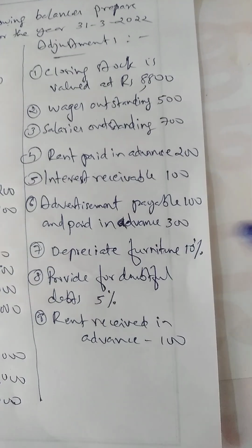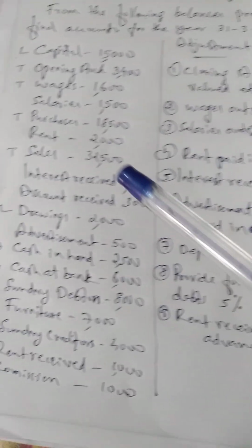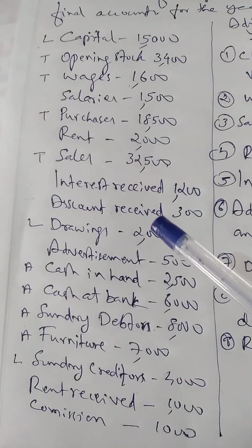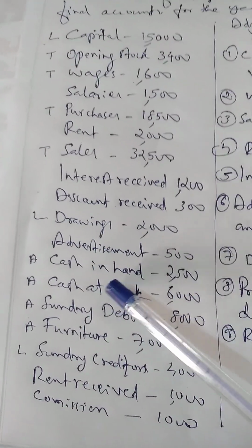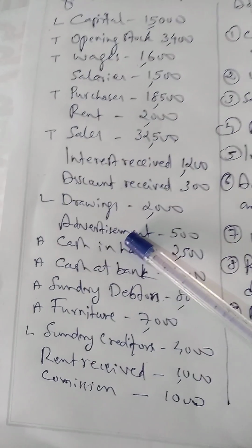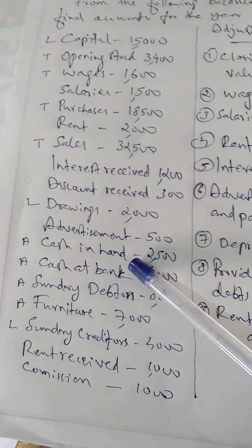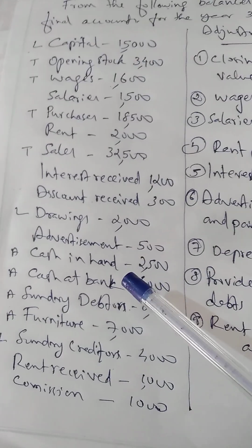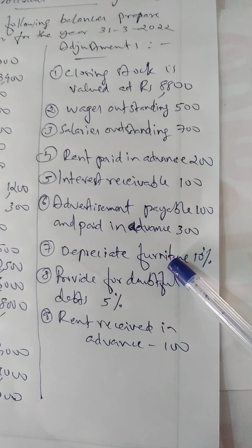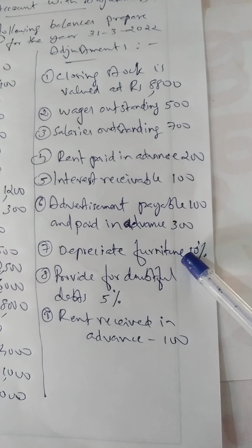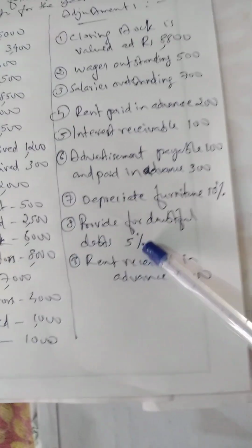If depreciation appears only in the trial balance, the list of balances, just show it on the debit side of the profit and loss account, because an item in the list of balances will be shown only once. In the adjustment, it should be shown in two places: show on the debit side of the profit and loss account and deduct from the concerned asset.